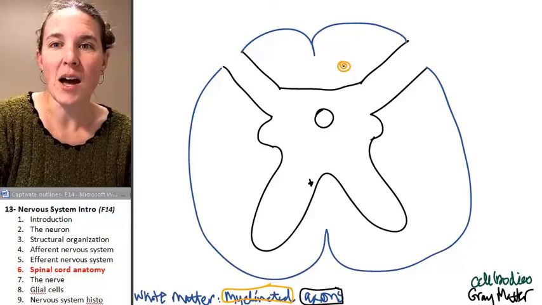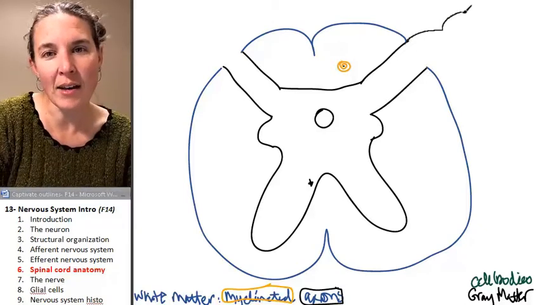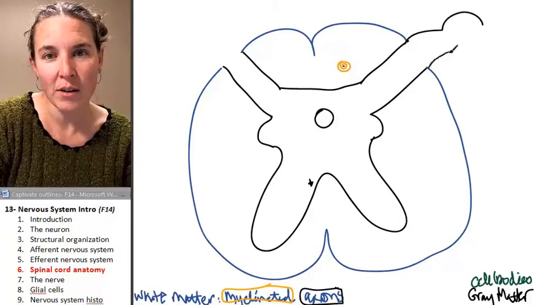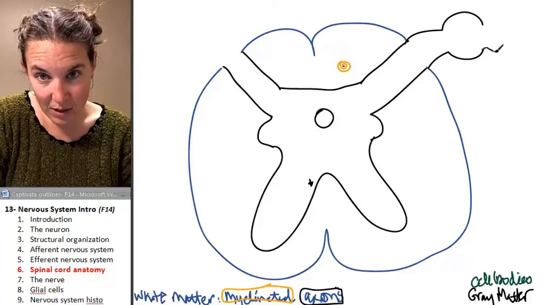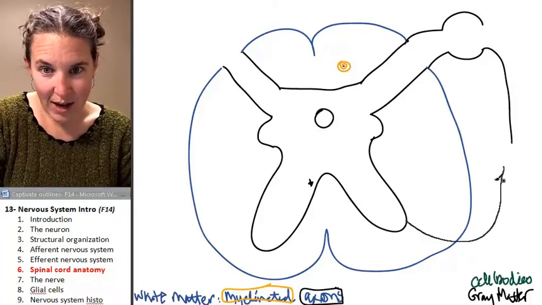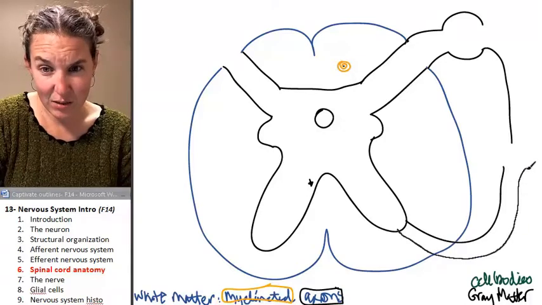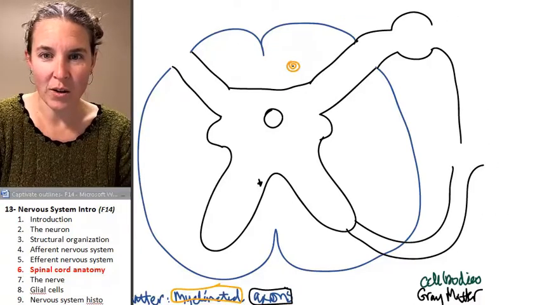But first, I'm going to finish drawing my picture for you. I'm feeling a little sad, a little cramped right now. I'm going to have to squeeze some stuff in here because look, I actually am connecting. Oh my gosh, I'm never going to fit it. We're going to have to scoot on over to fit it.